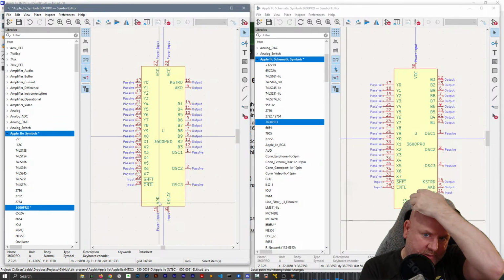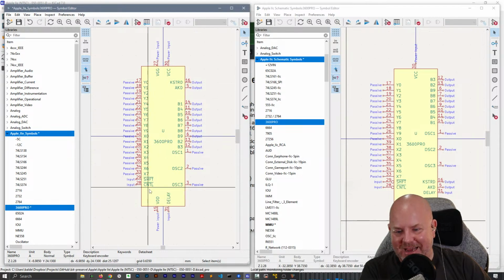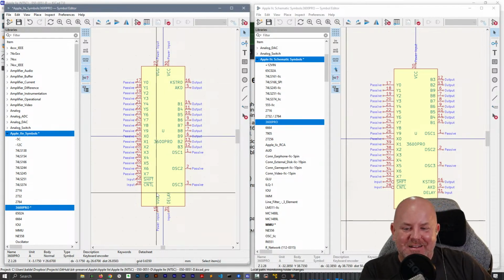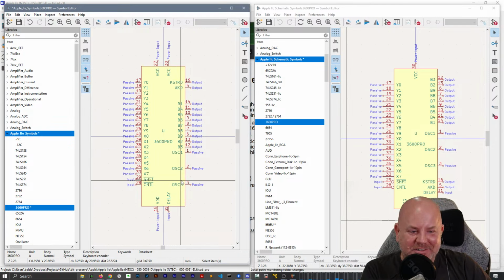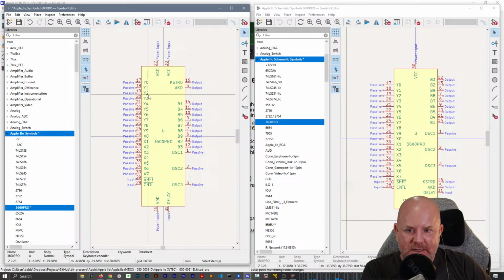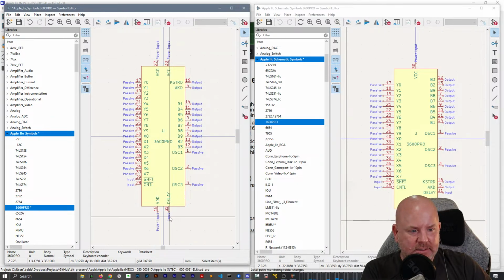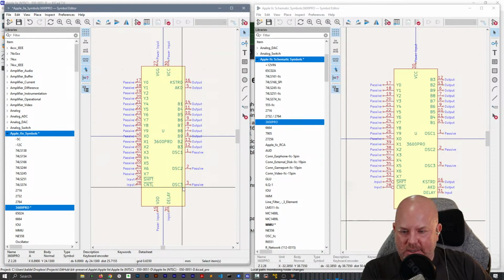VDD, which is probably, it's funny, this symbol uses VCC and VDD. I always think that's funny. So that's defined, that's in power input, power input, power input. Delay, I don't remember what delay does. I don't know if that's like an N-key rollover thing.